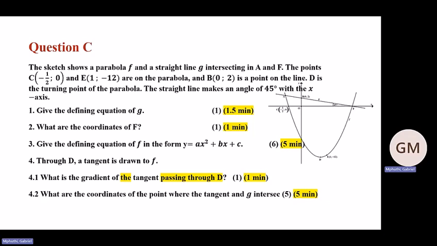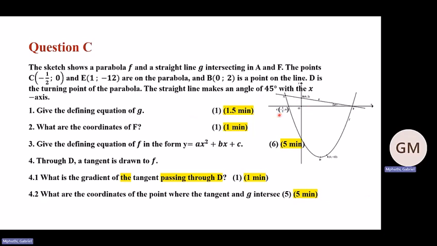So question C, you are given the sketch which shows a parabola F and a straight line G intersecting in A and F. The points C, minus half and 0, and E, 1 and 12, are on the parabola.